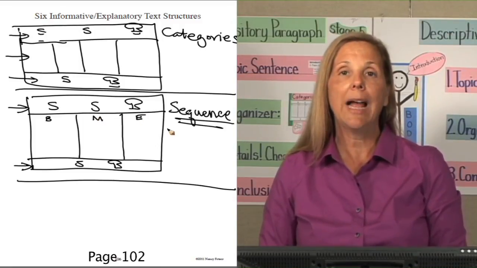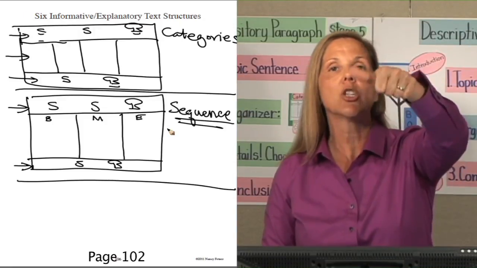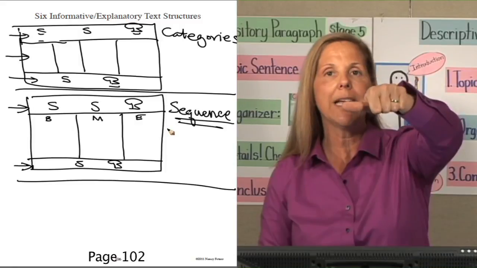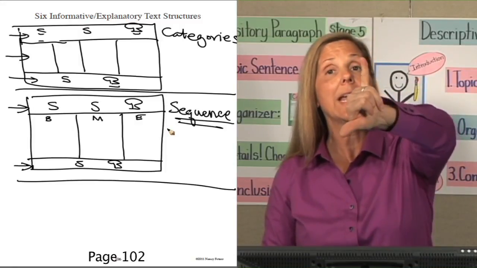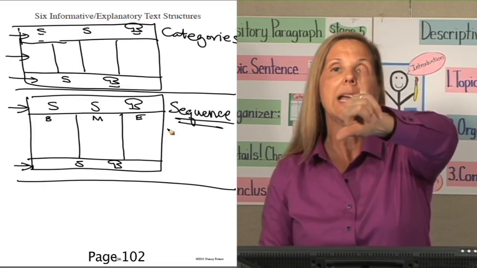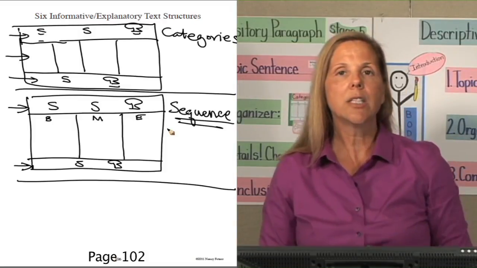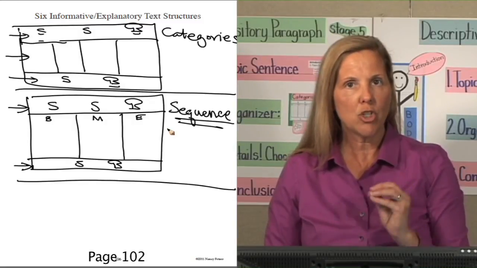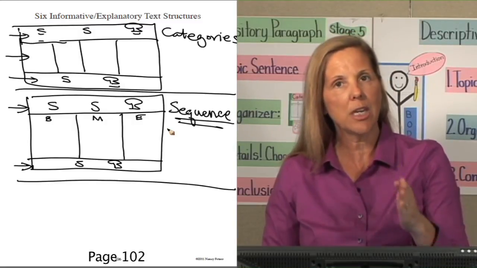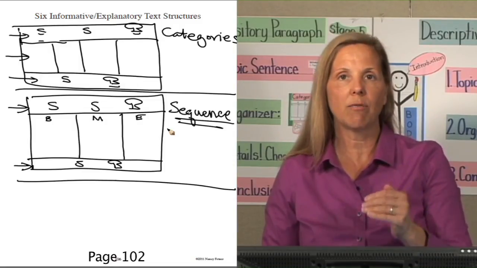How do we fill out the organizer? The first box that we fill out is the beginning, so we'll label what's going to happen in the beginning. Then we will go to the end and label the end. After we've labeled the beginning and the end, we will label what happens in the middle. This is a wonderful technique that you can show children, because when they are sequencing information, many times they get confused and they go out of order.